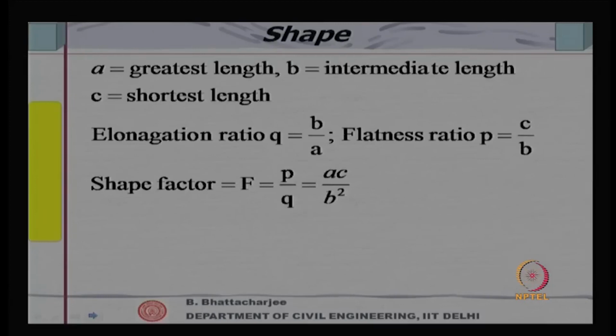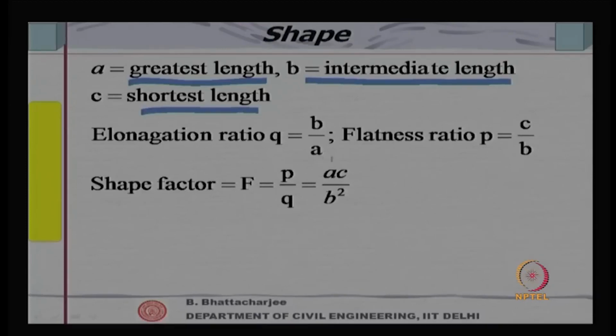Now, numerically, if we want to express some of this aspect related to shape, let us say A is the greatest length, maximum length, B is the intermediate length and C is the shortest length.